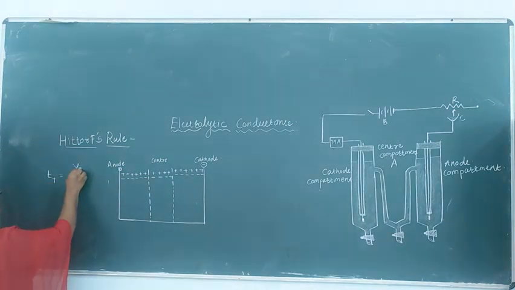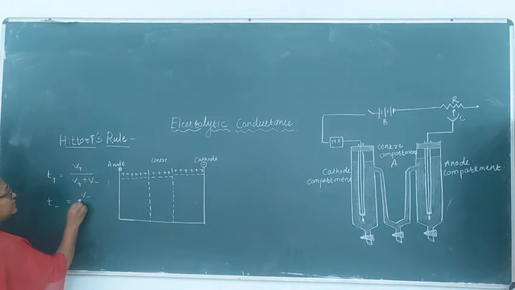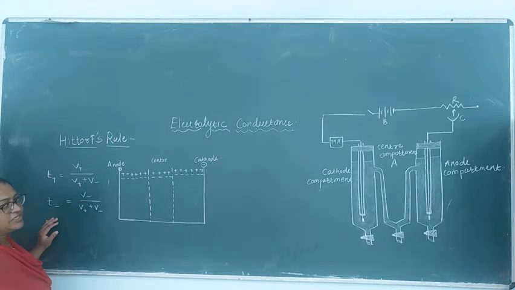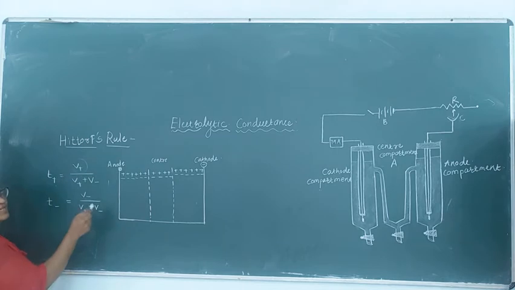it is written as V plus divided by V plus plus V minus. Similarly, T minus is written as V minus divided by V plus plus V minus. Obviously, as these are fractions and they depend on the speeds of the ions, the T plus is nothing but the speed of the specific ion divided by the total speed of both ions.